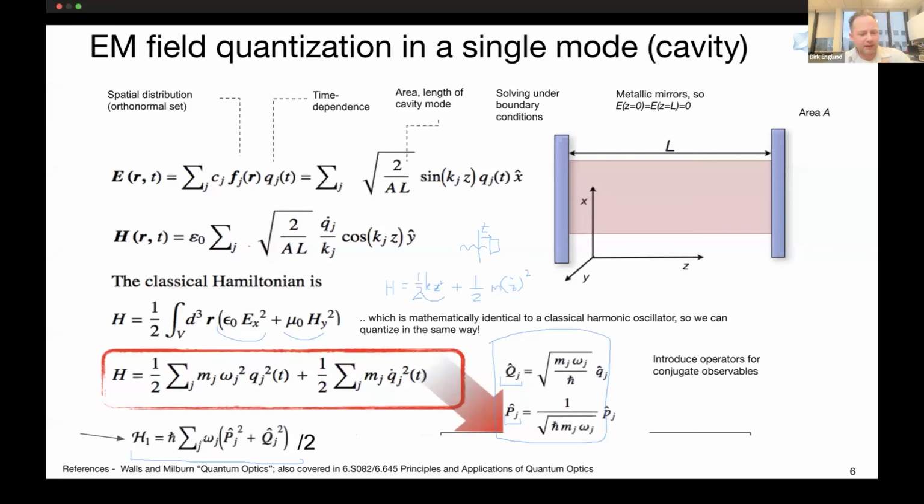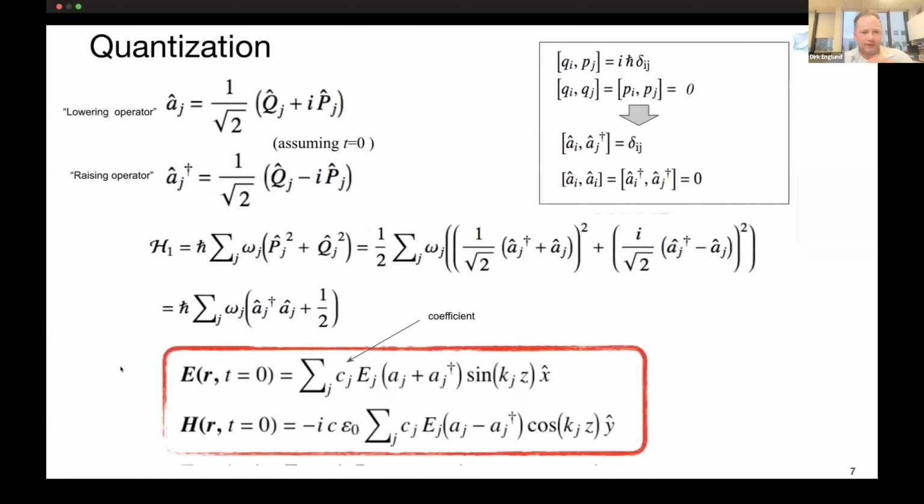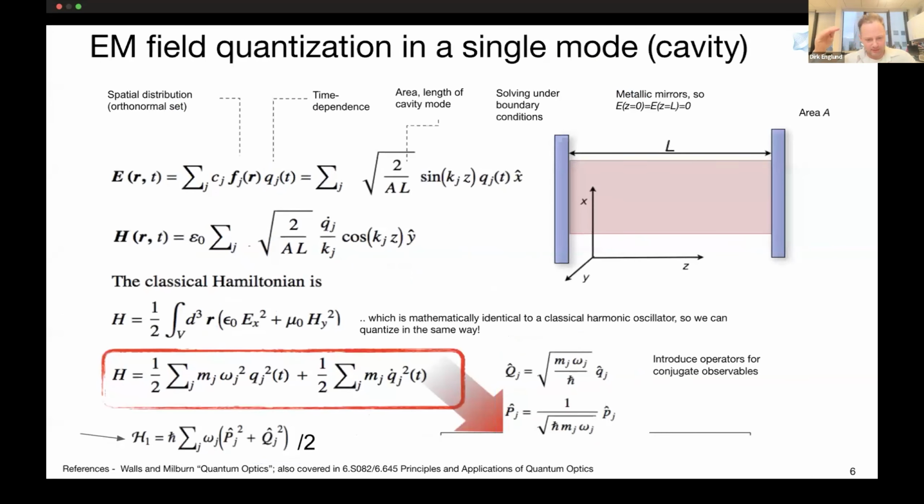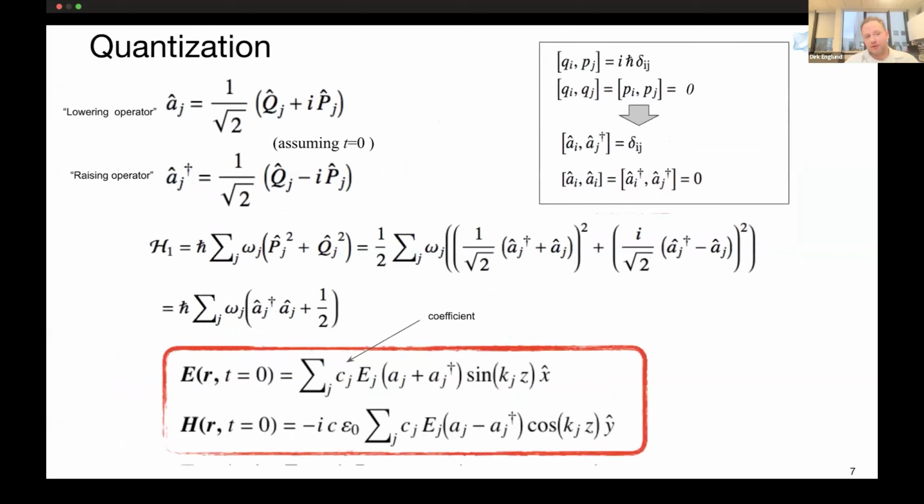Here the energy of the harmonic oscillator is equal to the kinetic energy and the potential energy summed. Writing this in the terms we just introduced gives us the quantization of the magnetic and the electric energy densities. And that's basically second quantization.